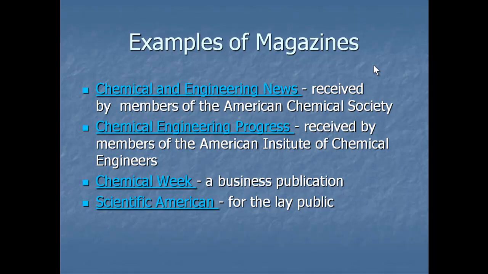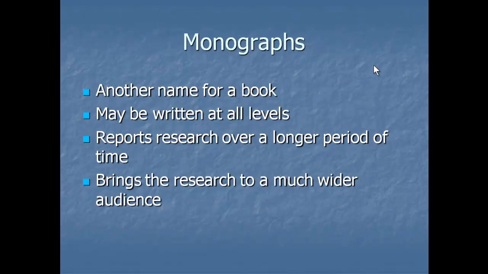If you're a member of the American Chemical Society, you receive that. There's Chemical Engineering Progress, received by members of the American Institute of Chemical Engineers. Chemical Week is like a business magazine. And there are also scientific magazines for the general public, like Scientific American or Discover.